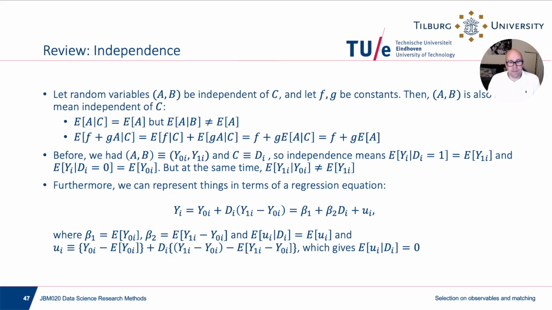Furthermore, or finally, on this slide, we can go back and forth between the potential outcomes framework and the regression framework, and one can do this in various ways. So we have seen one way in the first presentation, another way is on this slide here. So what I can do is I can write down that the observed outcome is always equal to y0 plus d times y1 minus y0.